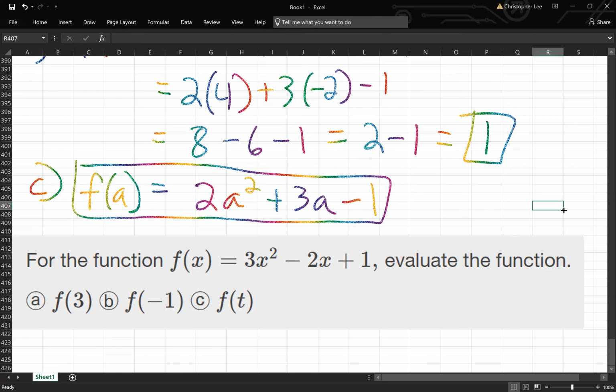Just plug it in. That's all it is. You're plugging in numbers for the x's. Then just do the math on it. Boom, boom, boom, and that's it.